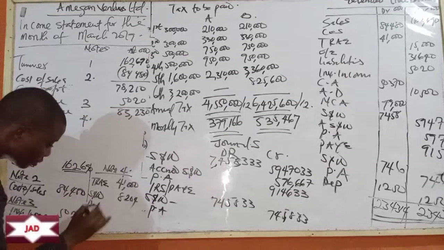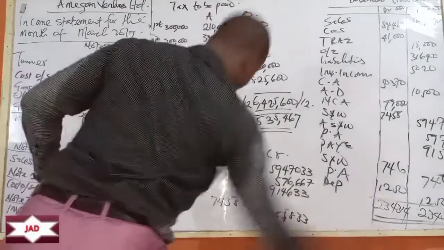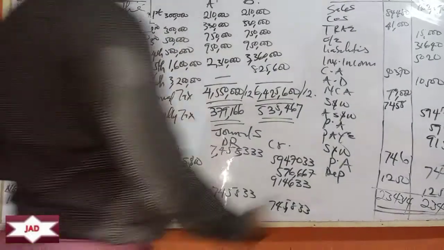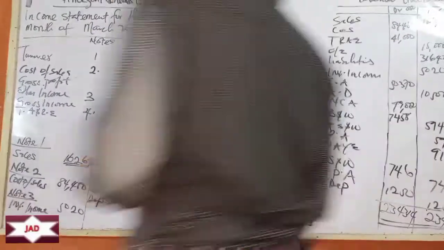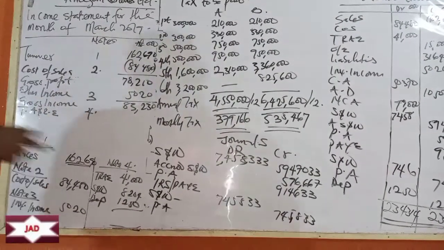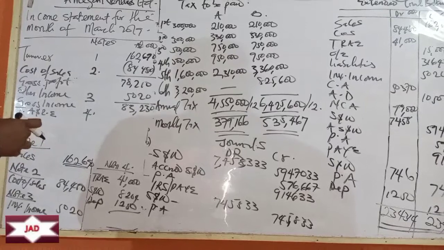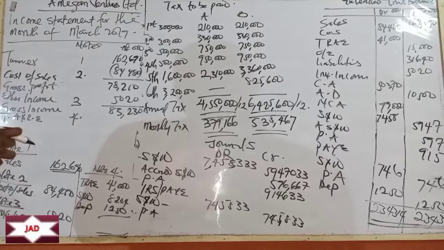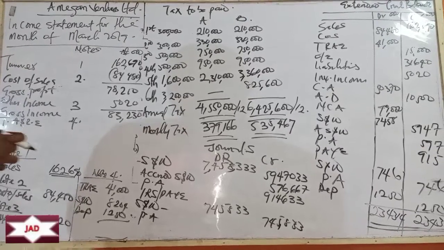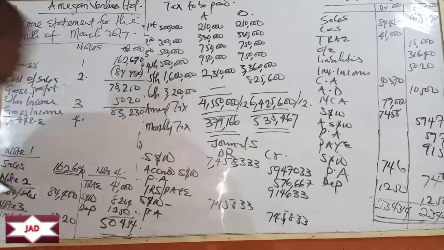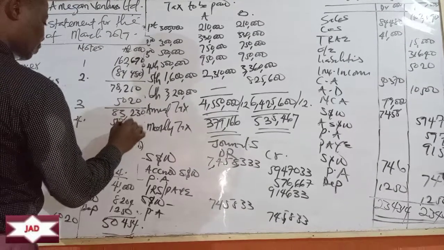What other expense do we have there? Depreciation. Depreciation is 1,250. Any other expense? There's none. So let's add up: 8,204 plus 1,250 plus 41,000, we have 50,454.